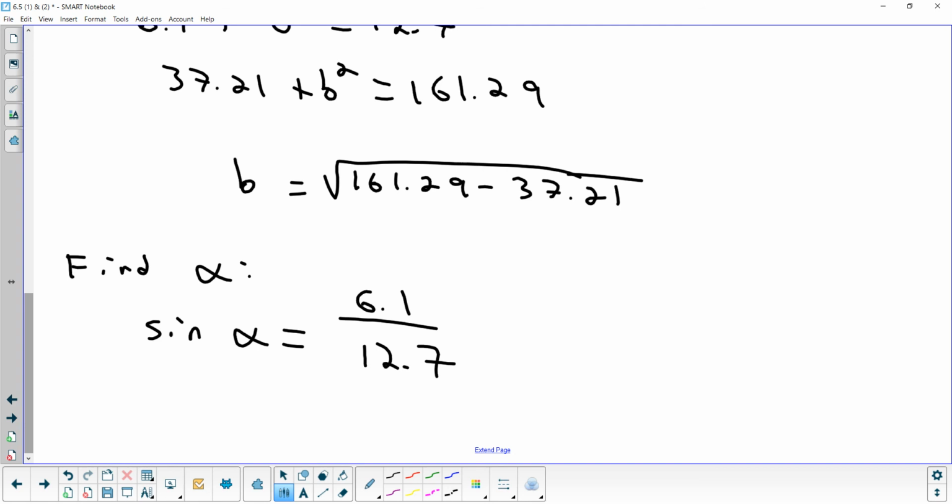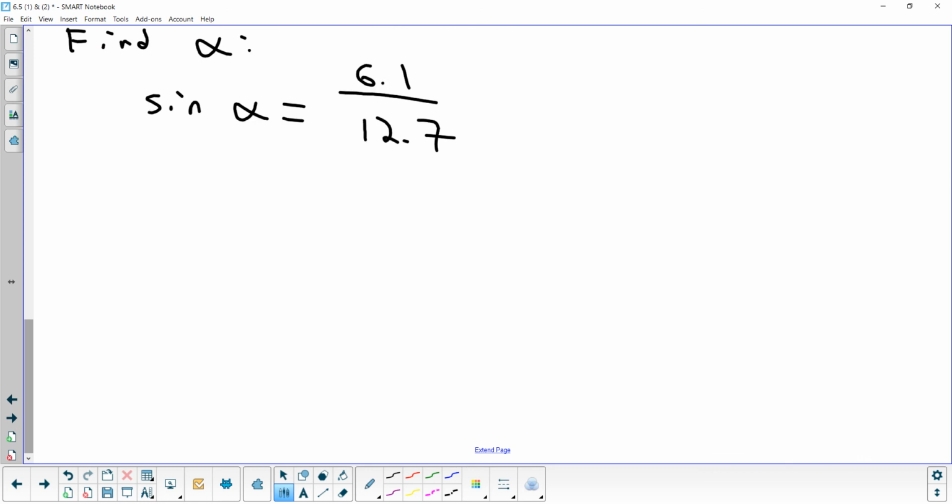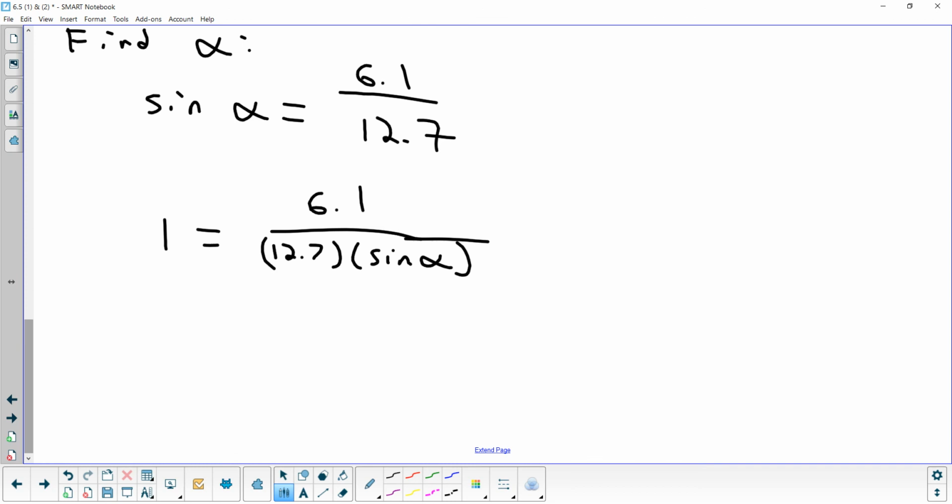Sine of, divide each side by sine of what? Sine of alpha. You could, but then that would leave you with 1 equals 6.1 over 12.7 times sine alpha. So that makes no sense. Yeah, if you divide each side by sine alpha, it just moves it to the bottom of the other side. It's better where it is right now.